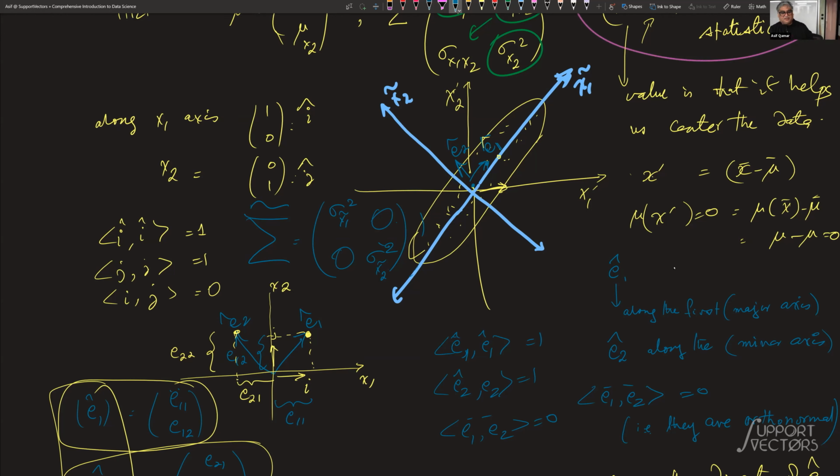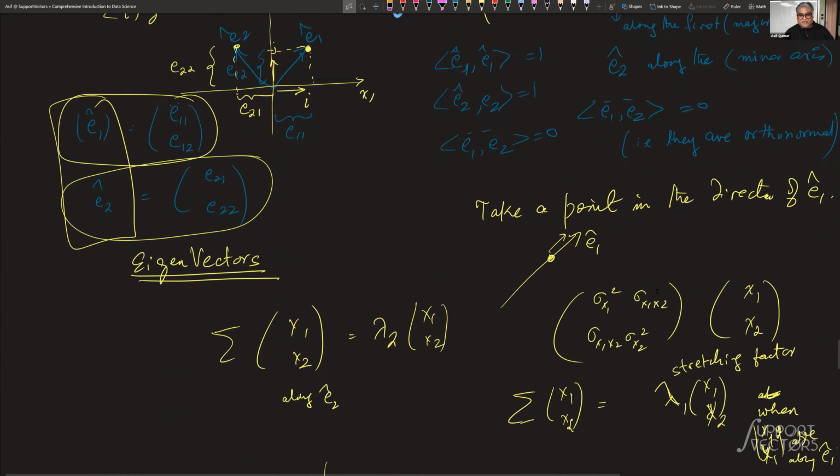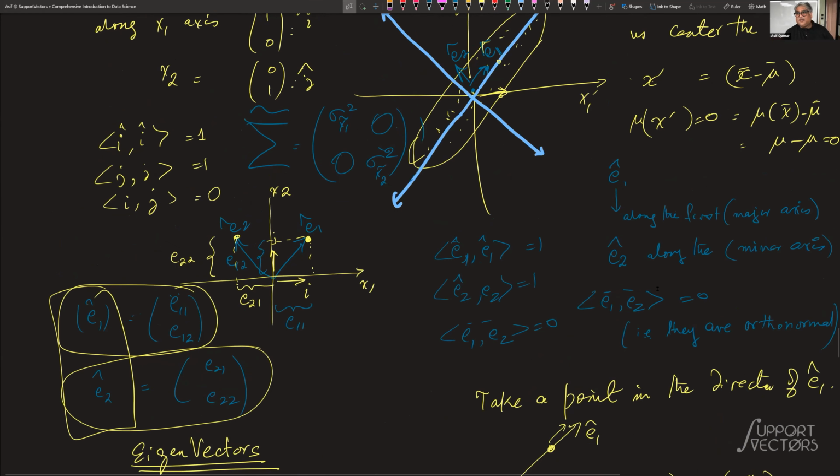You have essentially found a new coordinate system in which the covariances are close to 0. That is the point. The whole thing summarizes in just this one statement.